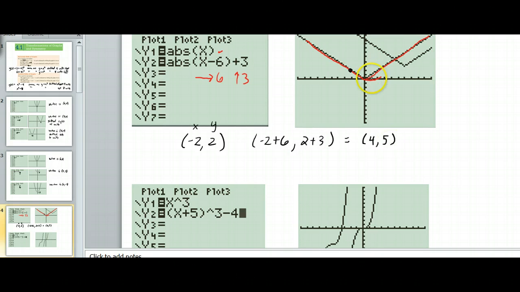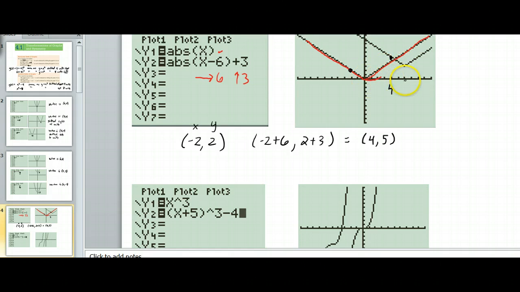Alright, and then count it over as 1, 2, 3, 4. And then go up 1, 2, 3, 4, 5. There's that new point. It was shifted over 6, up 3. And every point that's on this graph is shifted over 6, up 3. The vertex, or the origin here, shifted over 6, up 3.